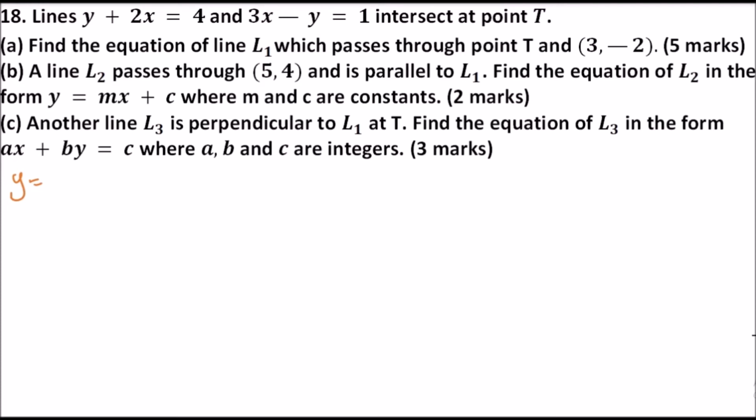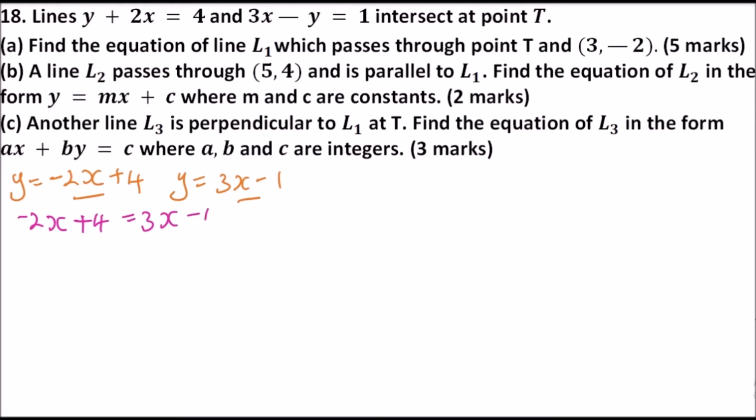In the other one, we take y to the other side, so y is equal to 3x minus 1. We can now equate the two sides, minus 2x plus 4 is equal to 3x minus 1, because they share a point.